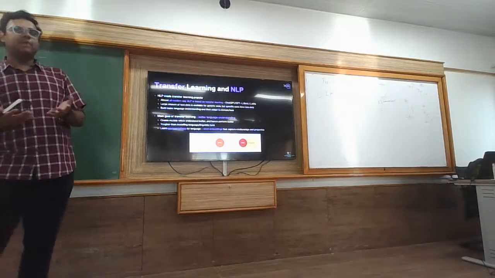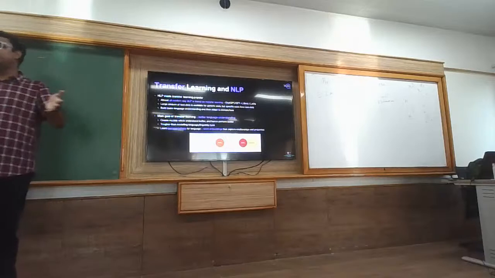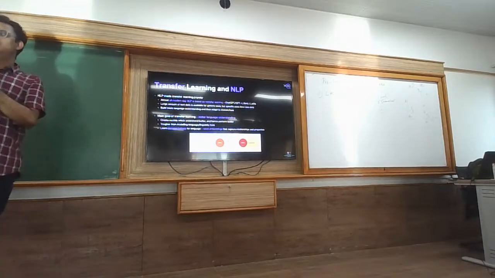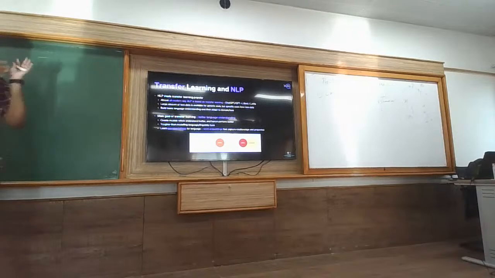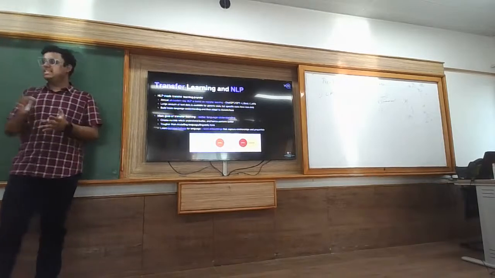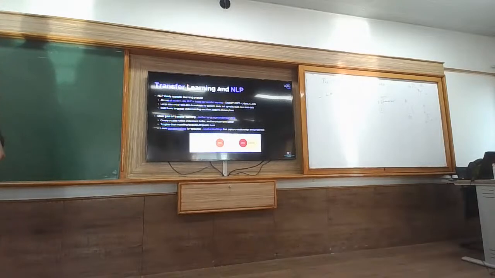You took children's books and learned to read. Now you are reading more scientific and advanced books, but you started at that step. Similarly, you have a large amount of text data for generic use cases, but for specialized use cases you don't have that kind of data. To tackle that, you use transfer learning here.